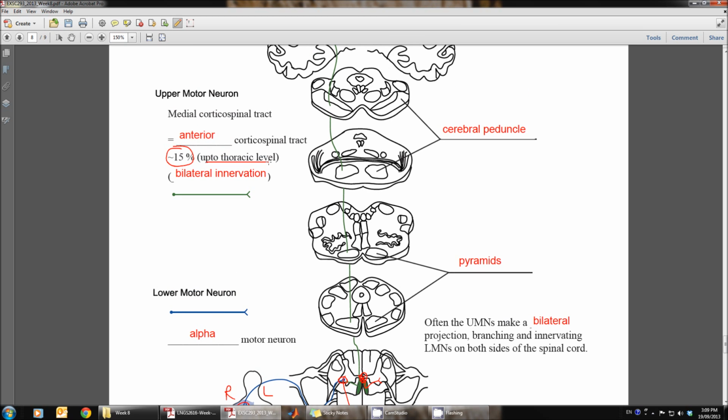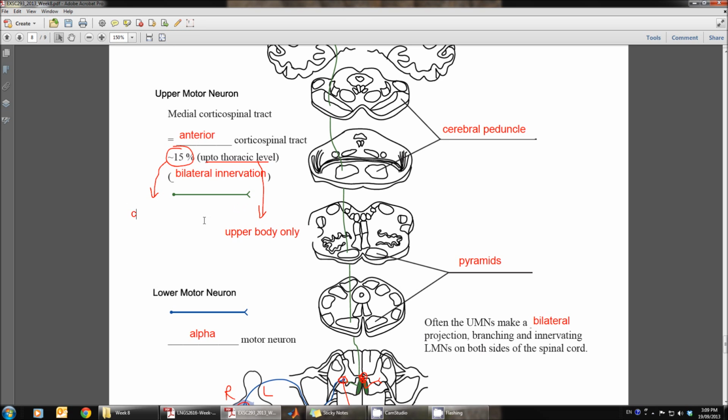What it means is that this tract is only found up to the thoracic level, because this is controlling the upper body only. And this 15% means that it takes 15% of the volume of the corticospinal tract.